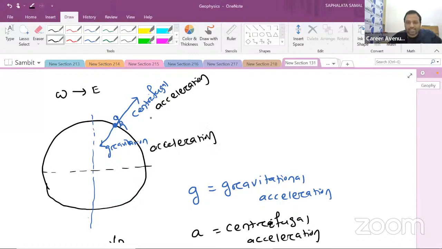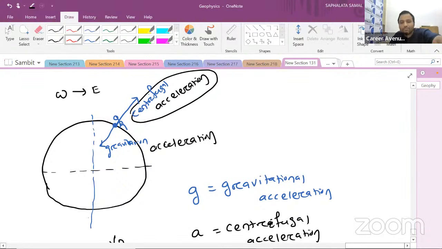If the centrifugal acceleration is decreasing, what will happen to the gravitational acceleration? It will increase. That means if you are moving from east to west, like China to Europe, I gave in the picture, your G value measurement will become more.